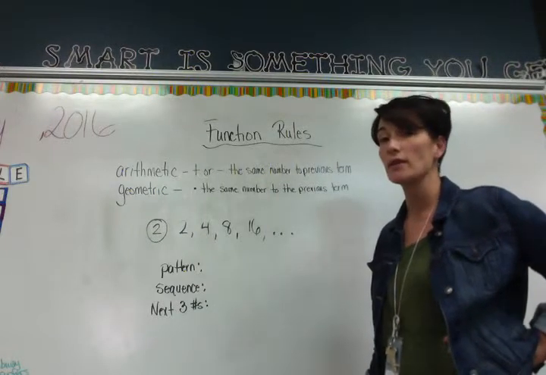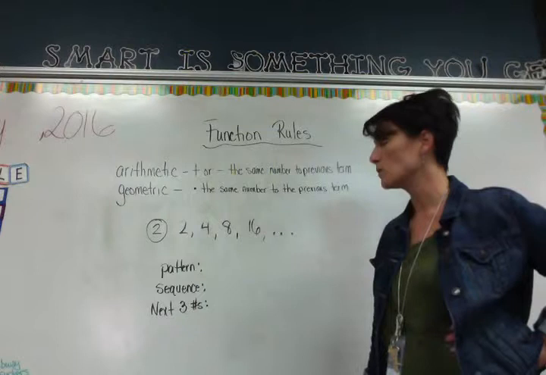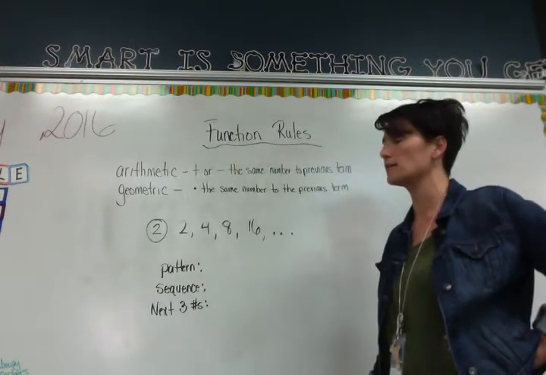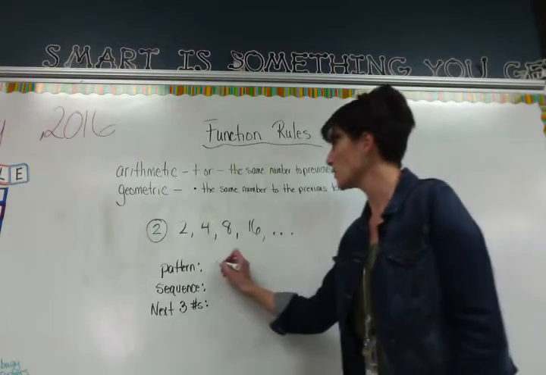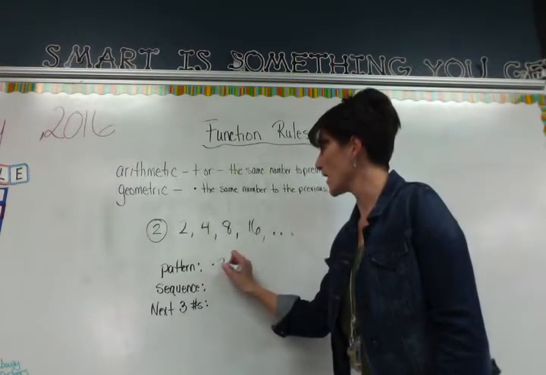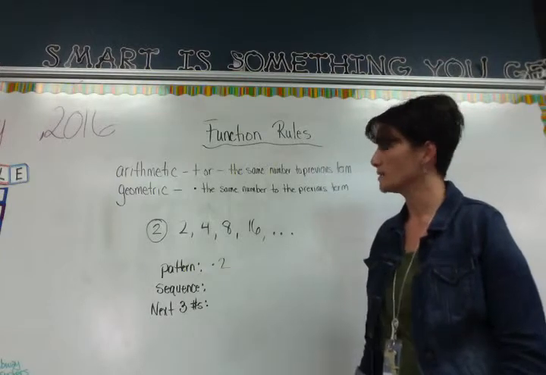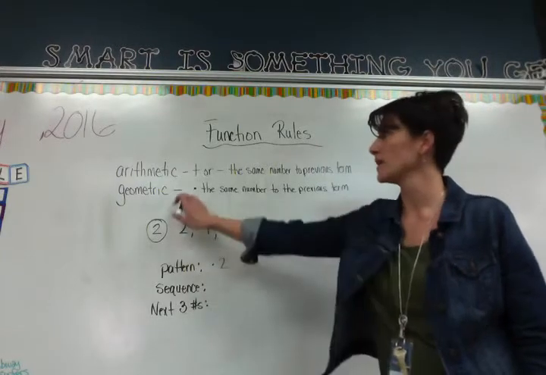Okay, not right. Let's try multiplying. 2 times what number is 4? 2 times 2. Try the next one. 4 times 2 is 8. 8 times 2 is 16. Found my pattern. We are multiplying by 2. My definition's right there. It's got to be geometric.